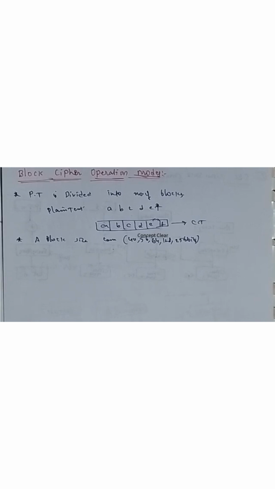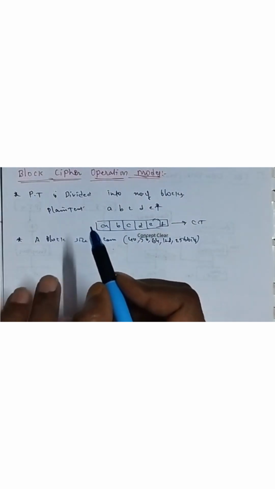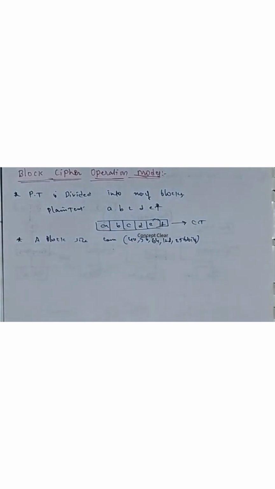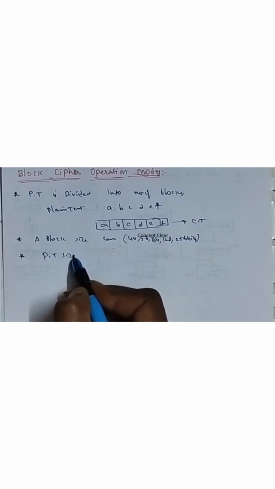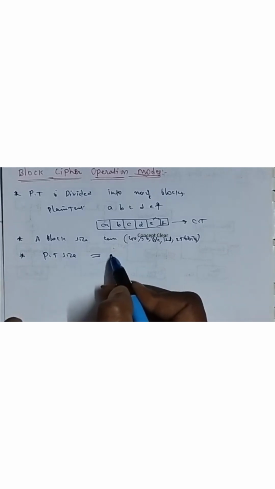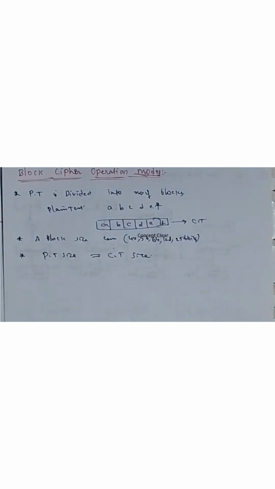The plain text block size is equal to the cipher text block size. The original plain text size will be divided into a number of blocks of the same size. The plain text size should be equal to the cipher text size in a block cipher.